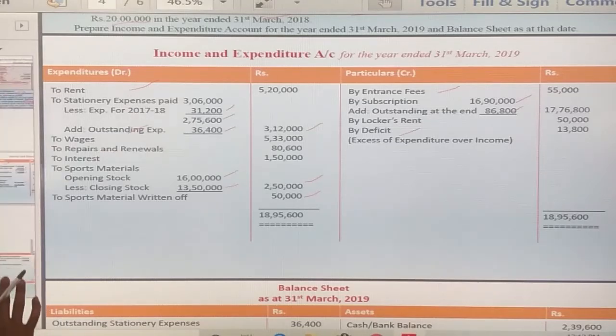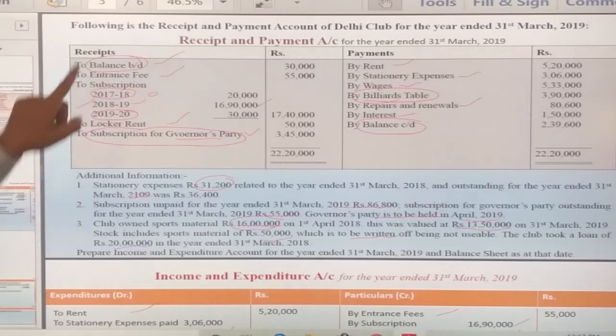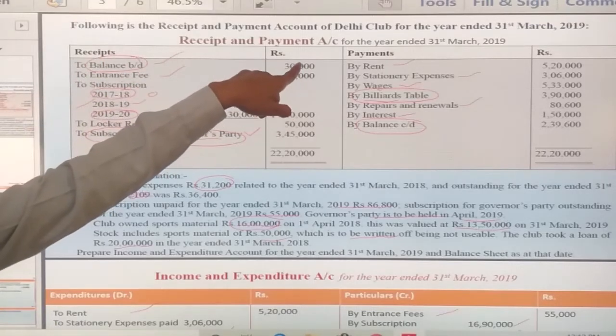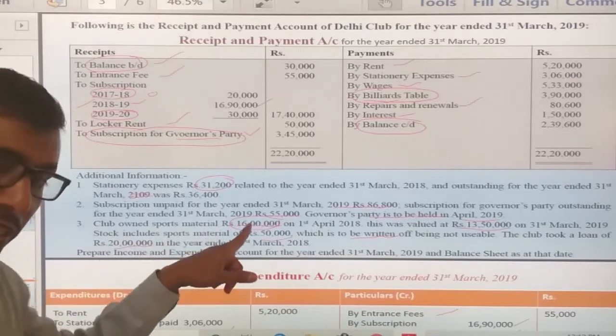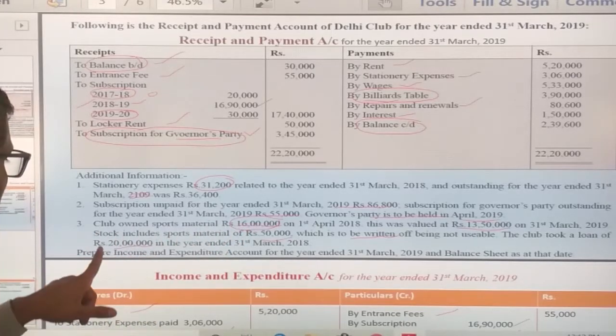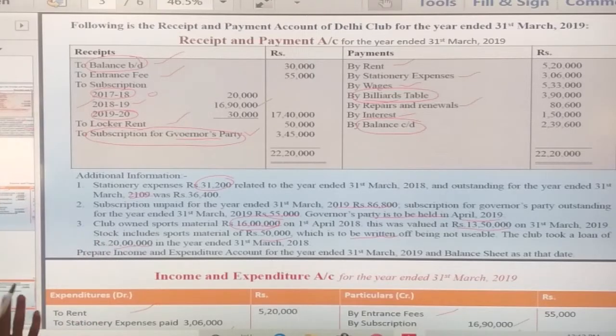And next, how to prepare the balance sheet. First we require the opening balance sheet. Which items do we have to show in the opening balance sheet? Cash and bank balance of 30,000 on the asset side. Then sports material 16 lakh is given, that we have to show. Then loan of 20 lakh is given, that on the liability side we have to show.